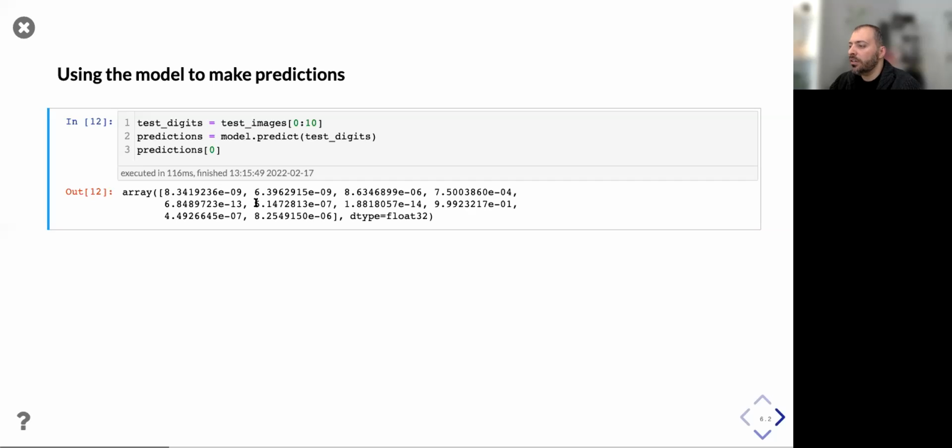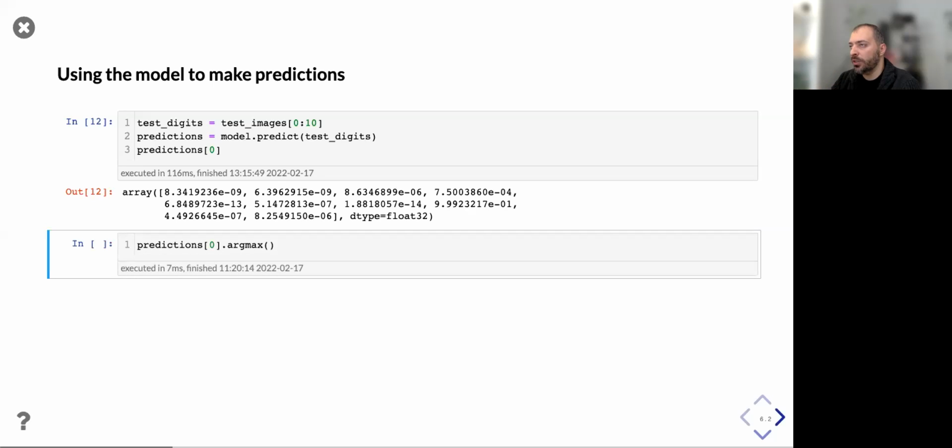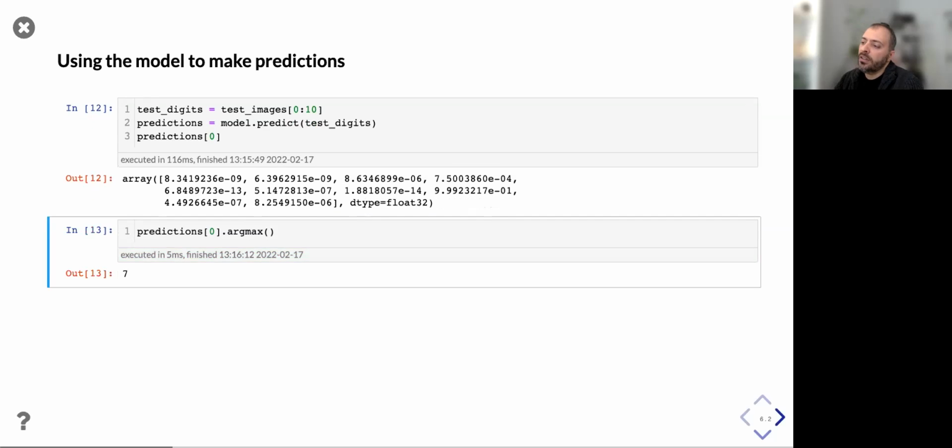And it's not very helpful to see it like this. What we care about is which of these probabilities is the highest, right? To see what the model predicts. So to get the argument with the highest probability, the highest number, we call argmax. So argmax will return the index of the maximum argument of this list, of this array.